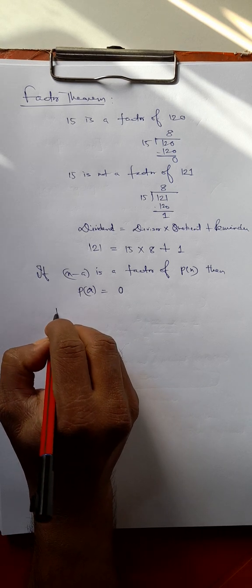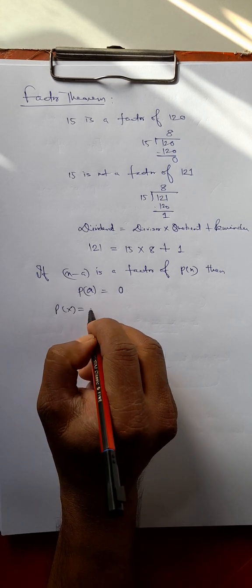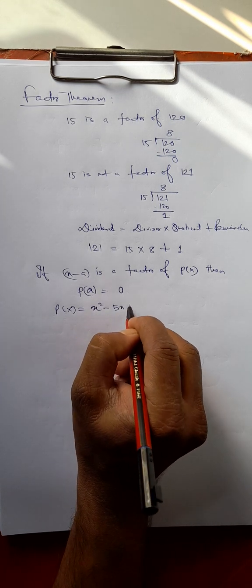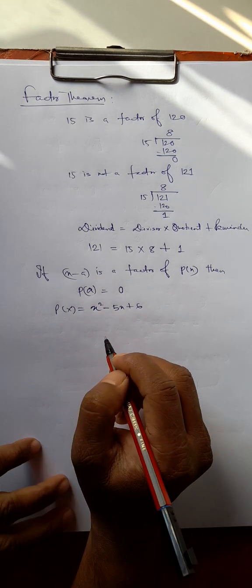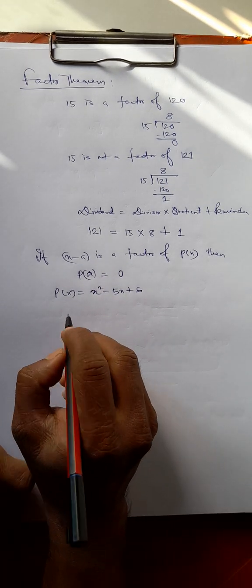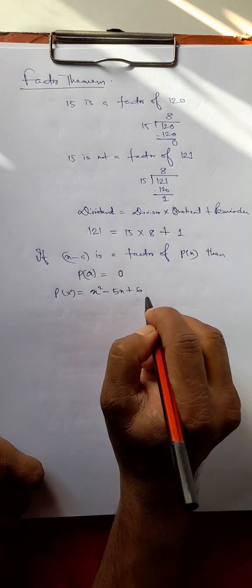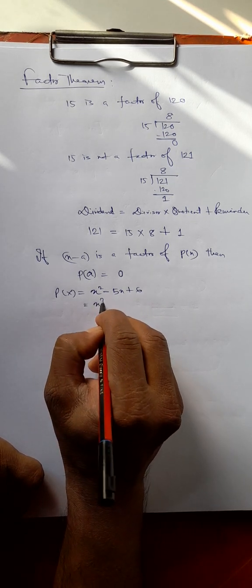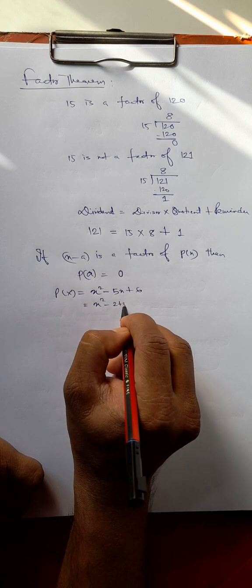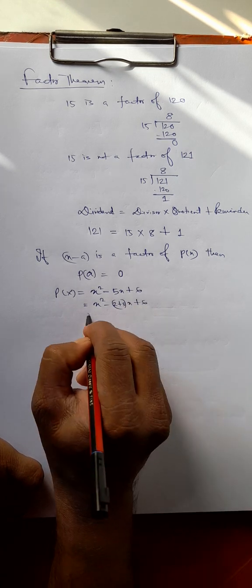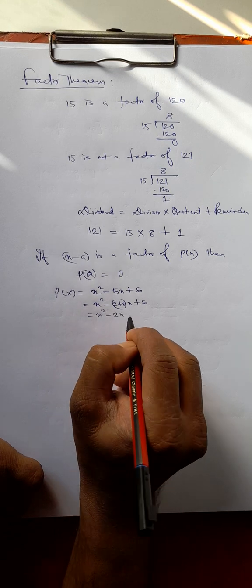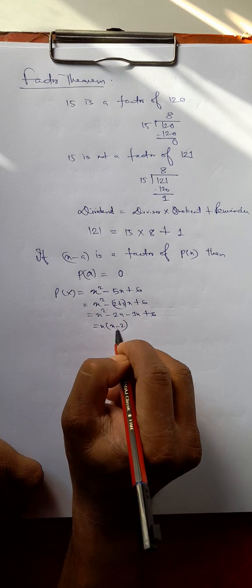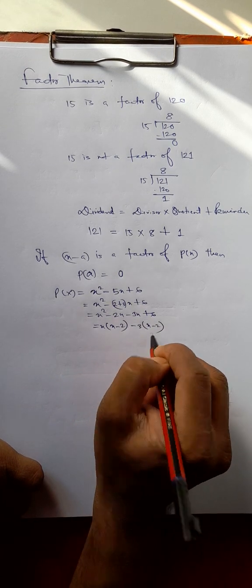Say for example, p(x) is a polynomial in x. We write p(x) equal to, suppose, x square minus 5x plus 6. Now you see, you can factorize this with the help of middle term splitting. This is x square minus 2x minus 3x plus 6, x into x minus 2 minus 3 into x minus 2.